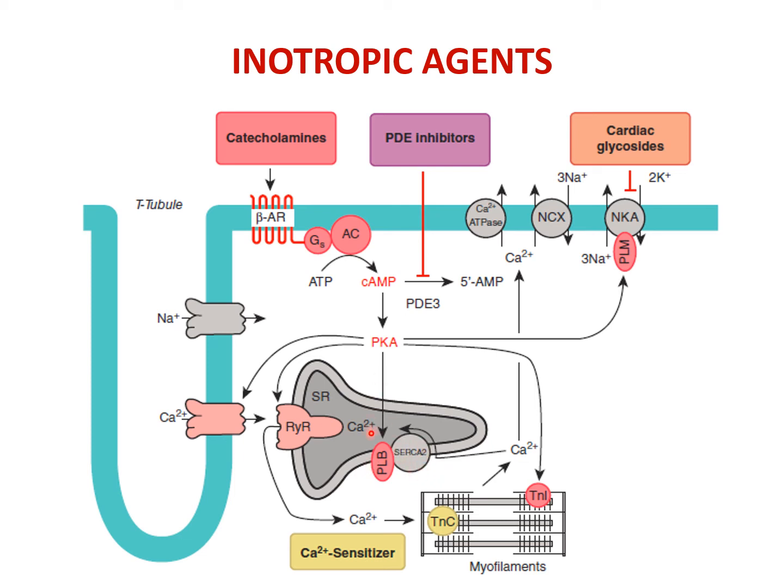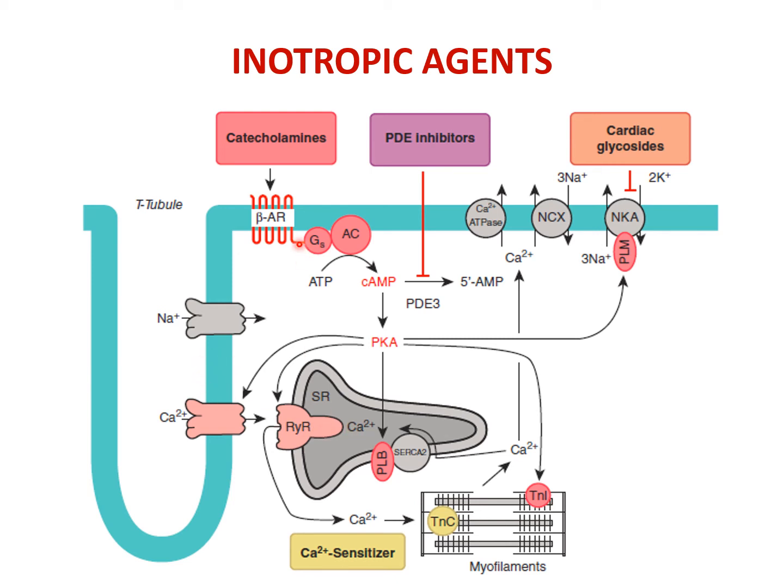Once it gets phosphorylated, this inhibition will be lost and more calcium will be taken back quickly inside the sarcoplasmic reticulum. This will cause quick relaxation of the myocardium, and also more calcium will be available for contraction when the next action potential comes.